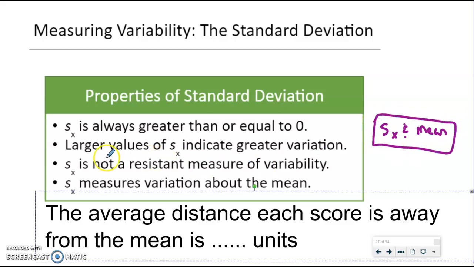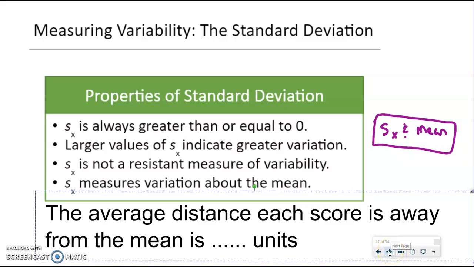If you remember, the mean is not a resistant measure of center, just like the standard deviation is not a resistant measure of variability. Okay? And the basic interpretation when we look at that is it's the average distance each score is away from the mean. That's what we're looking for in interpreting what the standard deviation is.